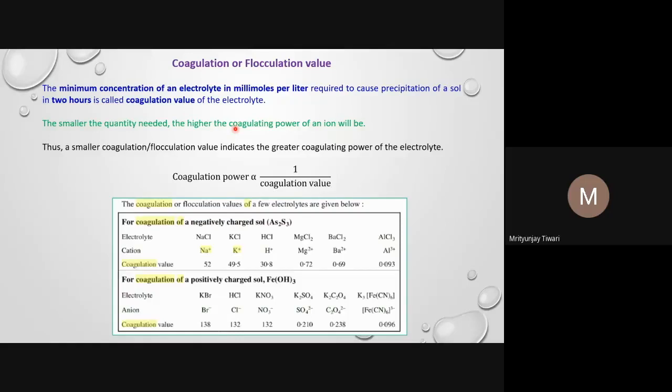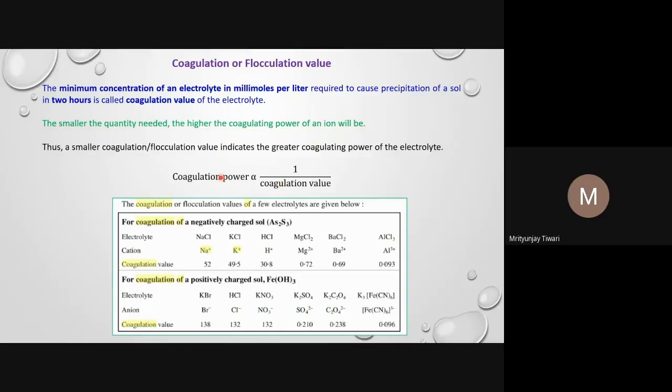Even in a smaller concentration, it can coagulate a particular sol or colloid. Very small amount of this electrolyte is required for the coagulation of a given sol in just 2 hours. So a smaller coagulation or flocculation value indicates the greater coagulating power of the electrolyte.